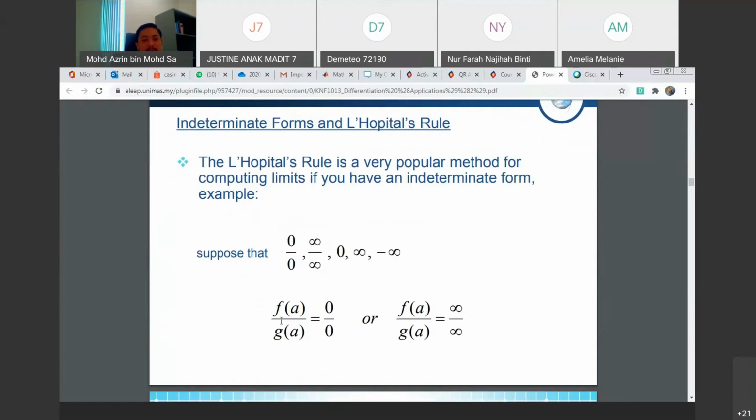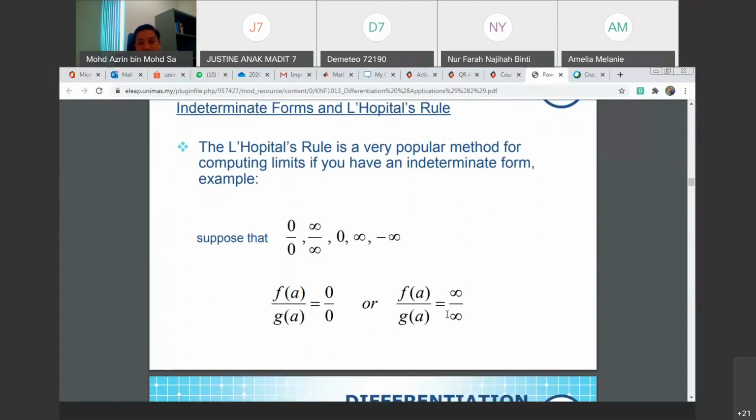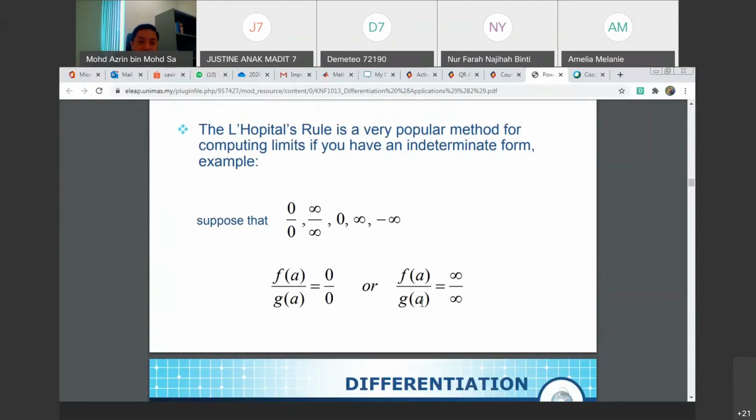So let's say the function f(a) over g(a) equal to 0 over 0, or it can be also infinite number, okay, infinity here.